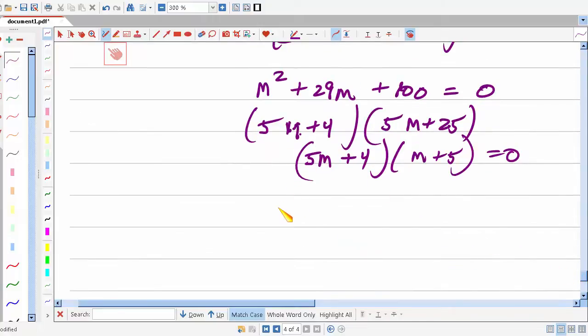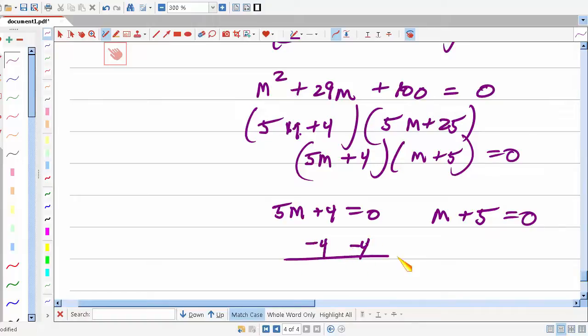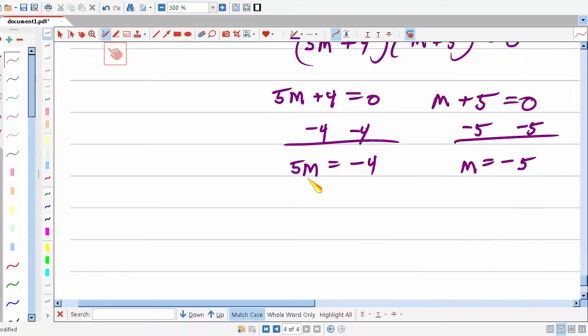And then I set each of those equal to 0 and solve for the variable. So I get m equals negative 4/5 and m equals negative 5.